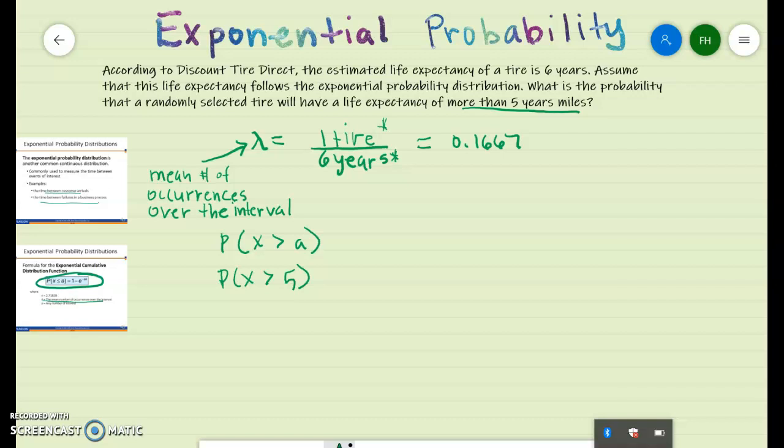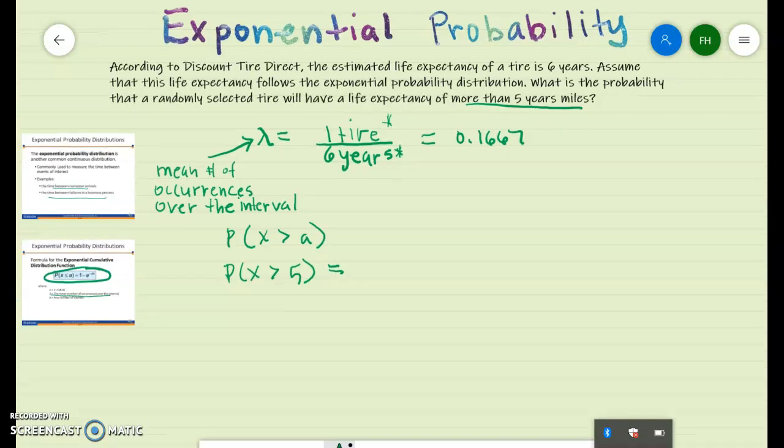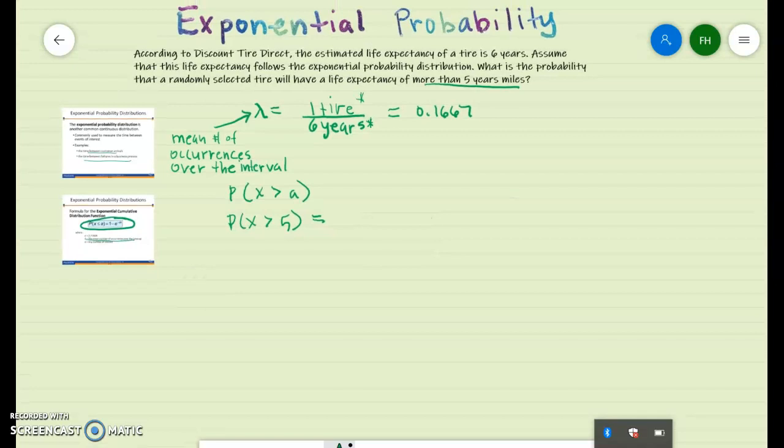But here it's actually the opposite. So we're not going to do 1 minus since it's greater than. We're just going to do, and I'm going to make this a little bit smaller so I can write, E to the negative A, and then times the mean number of occurrences.